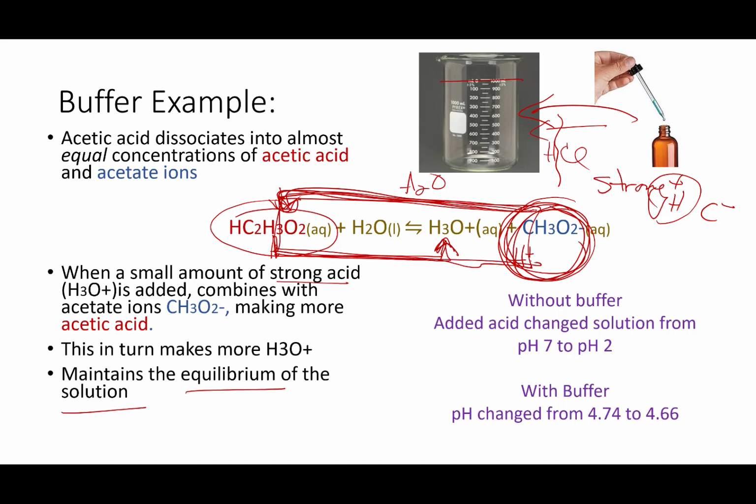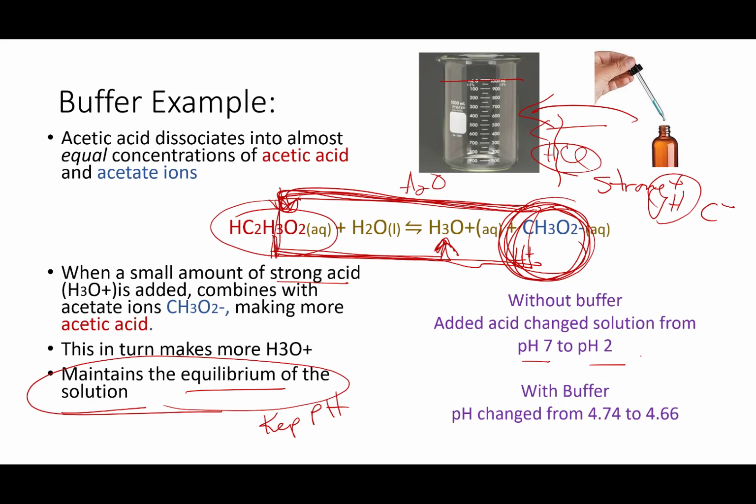And by this constant balancing act, it maintains the equilibrium of the situation, and it tends to keep the pH exactly the same. Without the buffer in this solution, when we added the hydrochloric acid, the pH changed from a 7 to a 2.